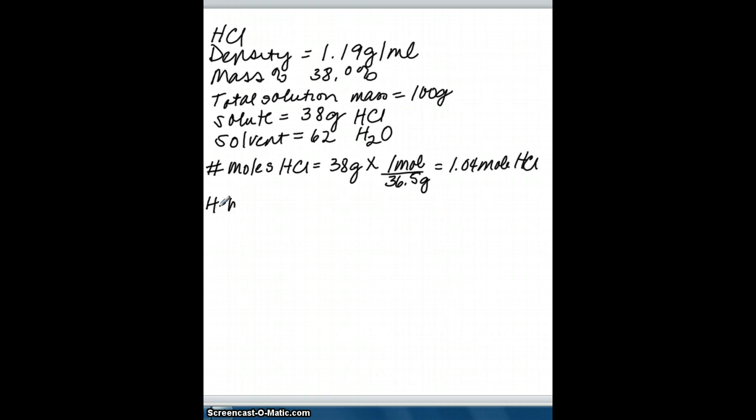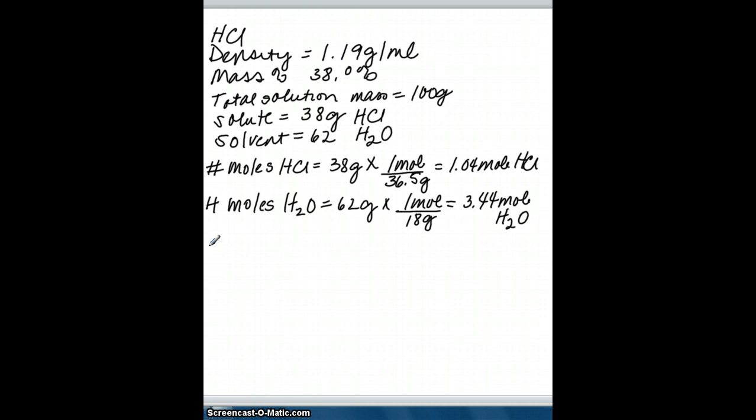The number of moles of our solvent is 62 grams times 1 mole over 18 grams. That means we have 3.44 moles of our solvent.